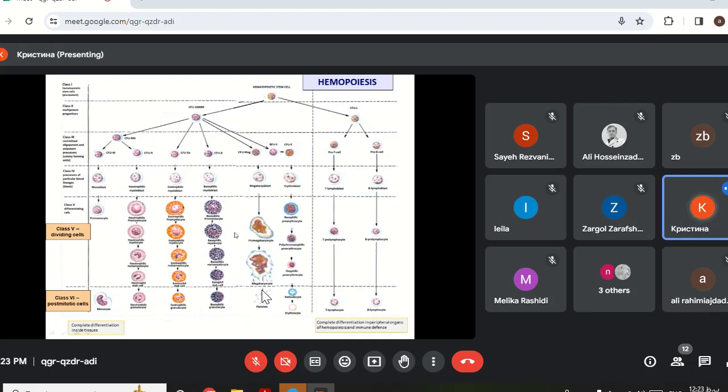For example, granulocytes in class 5 gain first non-specific granules, which are lysosomes, and then specific granules, specific for each type of granulocyte. And finally, class 6, post-mitotic cells. It means that they cannot divide via mitosis, and they are mature cells that can go out from red bone marrow to systemic circulation.